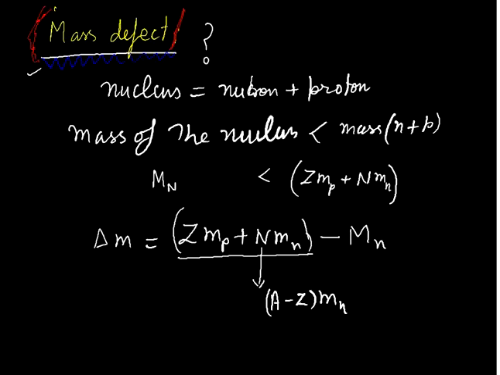So this is the mass of all the neutrons which are available in the nucleus. So this is the simple definition of the mass defect, and further we will discuss the packing fraction.